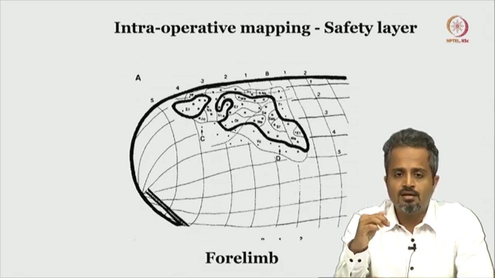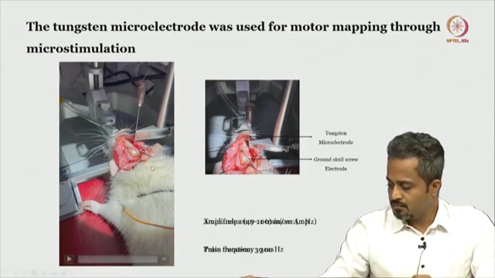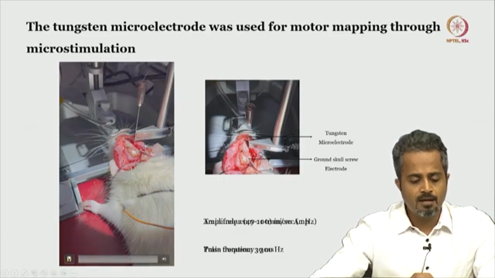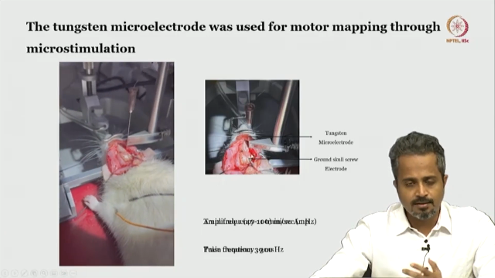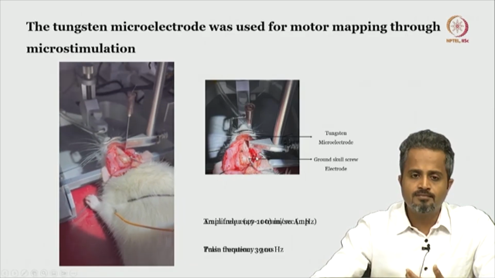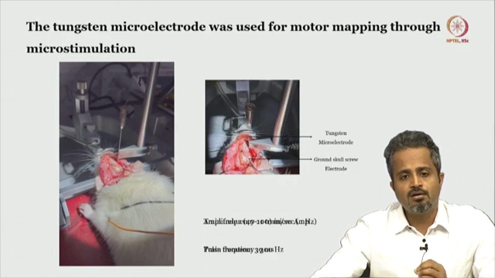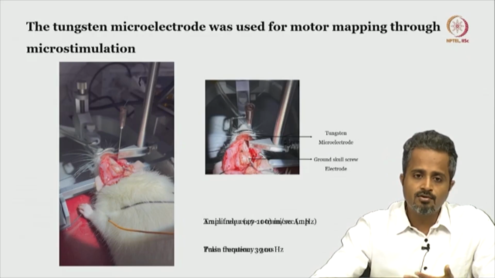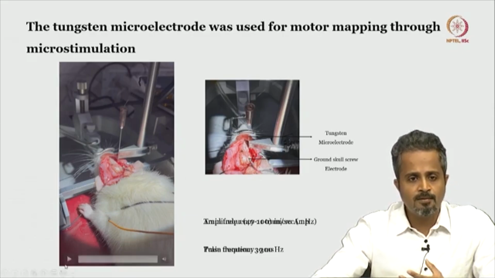So, that much definitely it is possible, and this is one example from our own study where we implanted the tungsten microelectrode, as you can see here, and the steps we are going to discuss anyway. But before we begin, if your study wants to make sure that your drug delivery cannula or a fiber optic probe, or for that matter even microelectrode has to hit the motor cortex, this is one way of doing it.